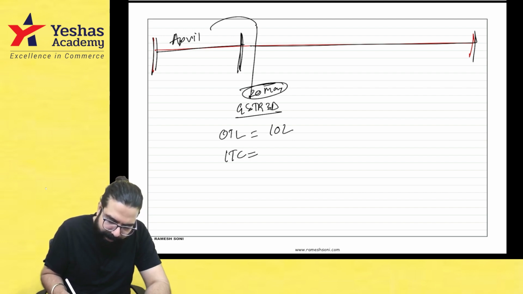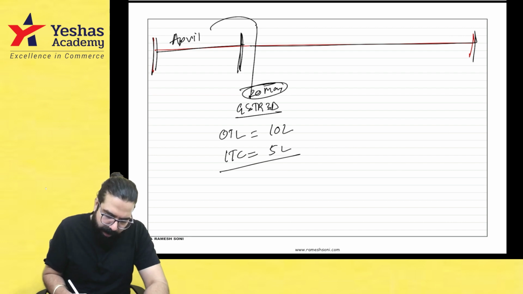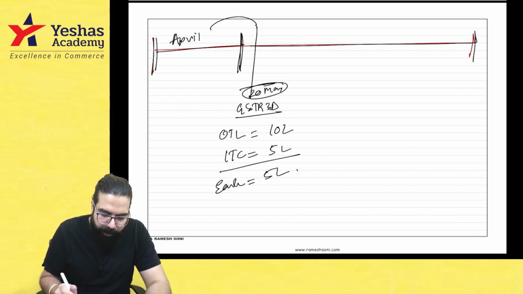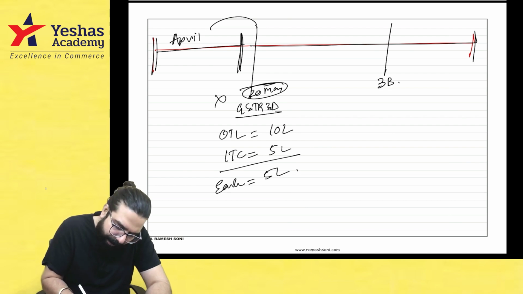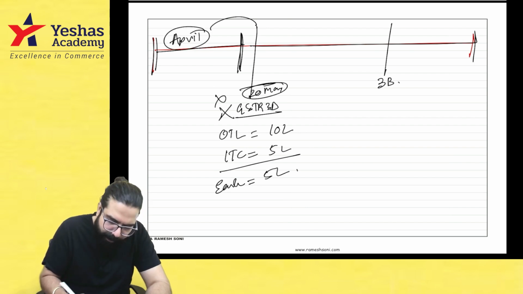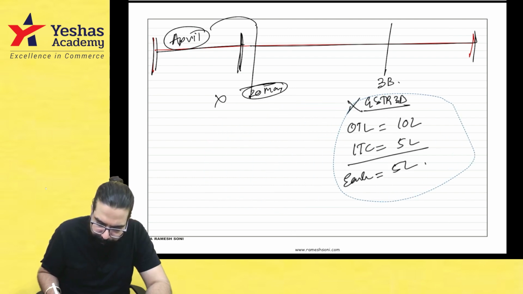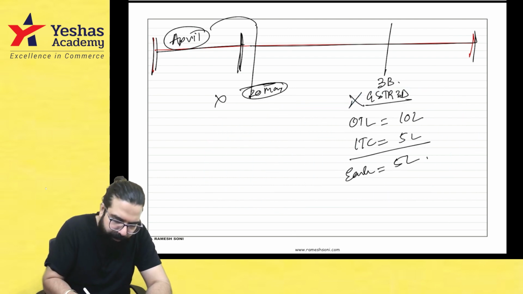Input tax credit is 5 lakh rupees, and I have to pay 5 lakh through my e-cash ledger. But I did not have cash, so I did not file my GSTR 3B. Instead, I filed my GSTR 3B for the month of April, supposedly, on 30th May.